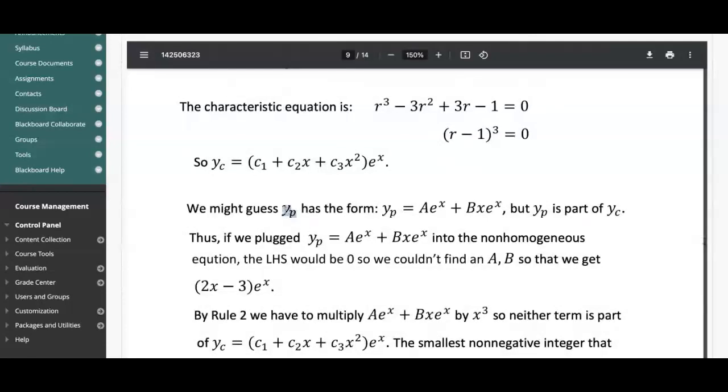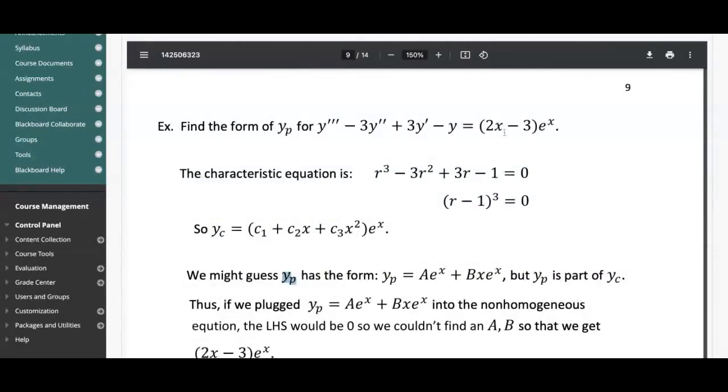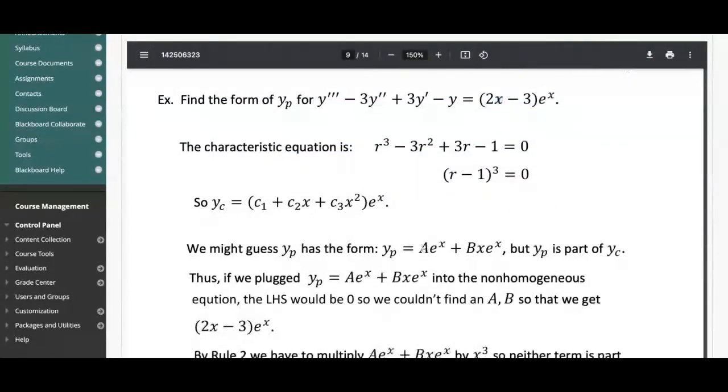So we may guess a particular solution has a form that includes x e to the x term and e to the x term with some different coefficients: a times e to the x and b x e to the x.